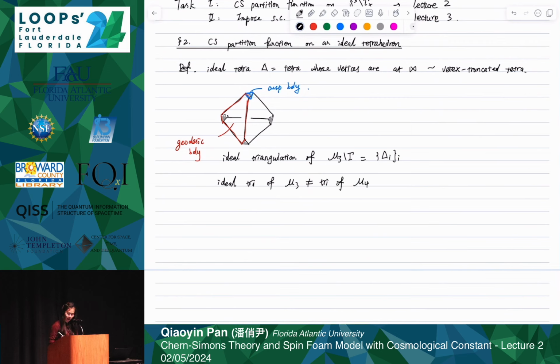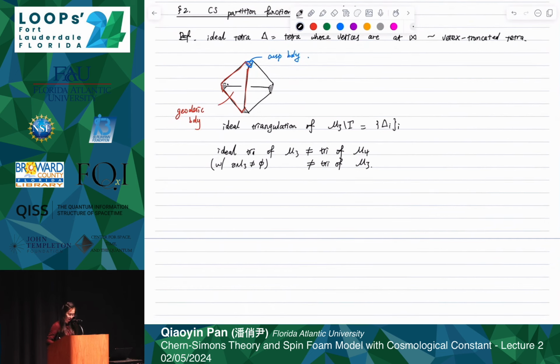And the ideal triangulation, we usually consider for a 3-manifold with a boundary, so its boundary is not an empty set. It's also not the same as the triangulation of a 3-manifold. It's a very different construction, just to clarify that. So don't try to connect it with a triangulation.